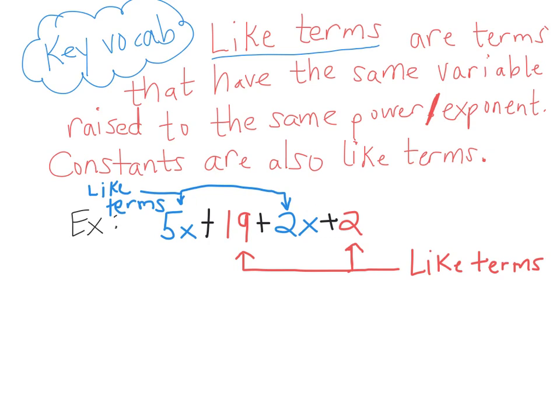So we would be able to bring those together using some of the properties we've been working on, and we could combine 5x and 2x to make a total of 7x's. And then, as we mentioned up here, constants are also considered like terms because you can combine those. So 19 and 2 could be easily brought together. Again, we'd switch them around using some of the properties, but 19 plus 2 would be 21. So we could simplify this expression by combining all of our like terms.